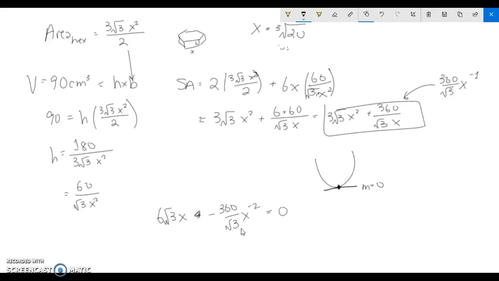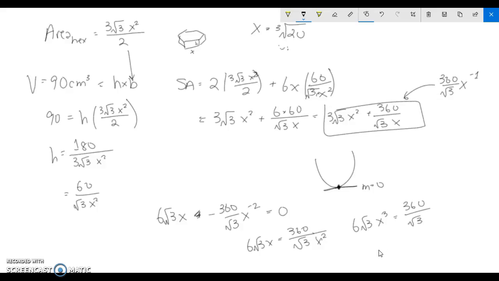And we have to find the 0. If we move this over, 6 root 3 x equals 360 over root 3 x squared. We want to get the x squared away from the denominator, so we multiply both sides by x squared. 6 root 3 x cubed equals 360 over root 3.